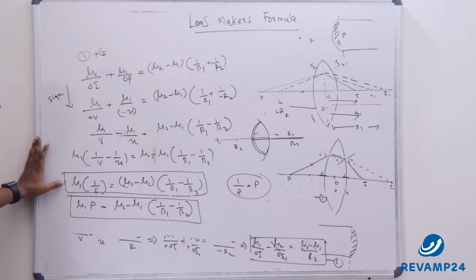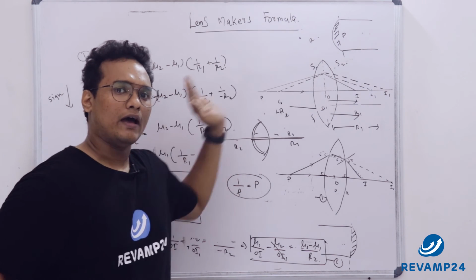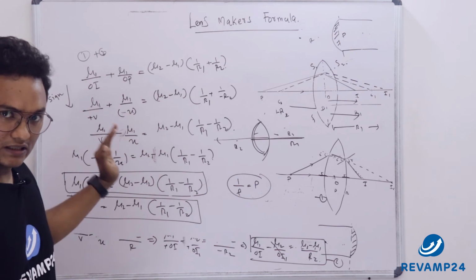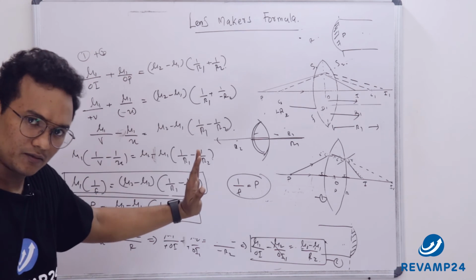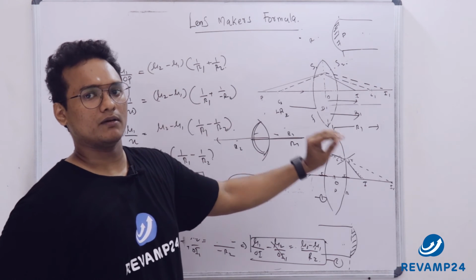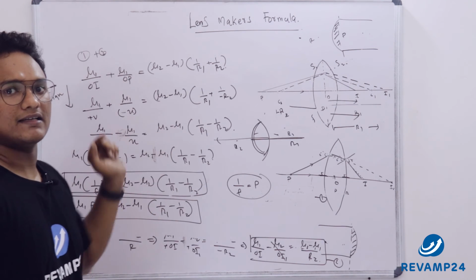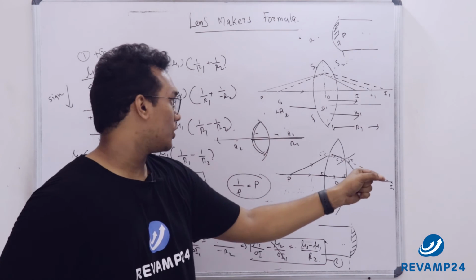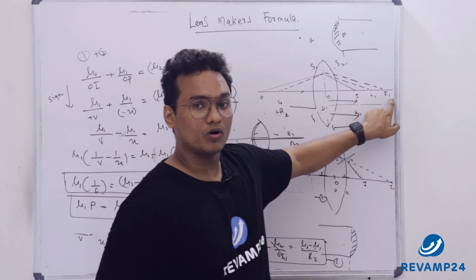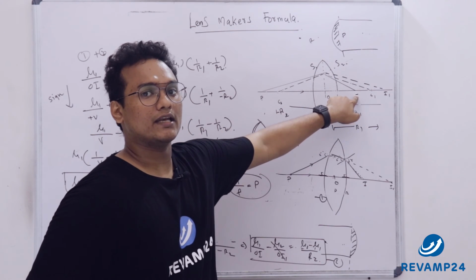Okay, so this is the lens maker's formula. This is very simple to derive. You just need to consider S1 and S2 and substitute the proper equations. Light enters from a rarer medium to a denser medium, then from denser to rarer. When light first enters from rarer to denser, it creates an image at one place, and that image acts as the object for the second surface, which creates an image here.